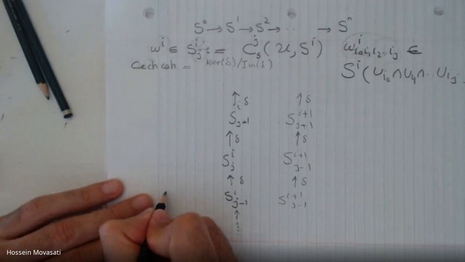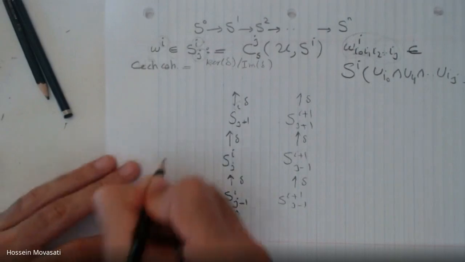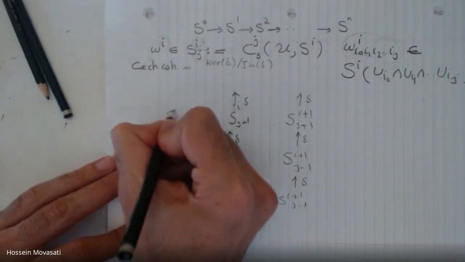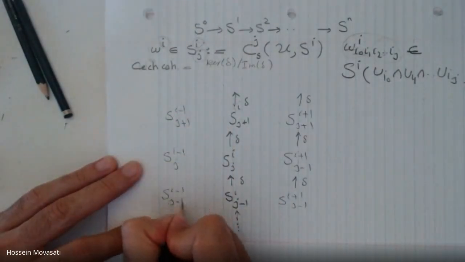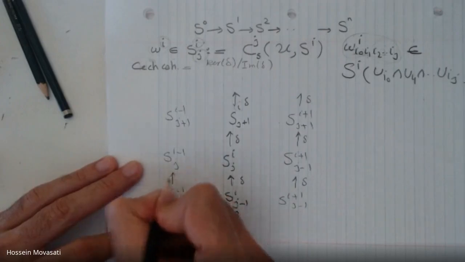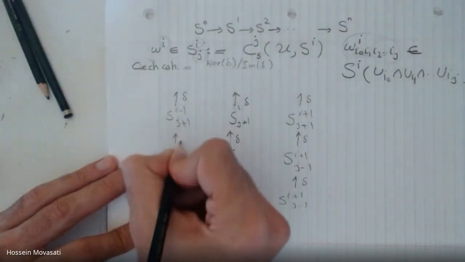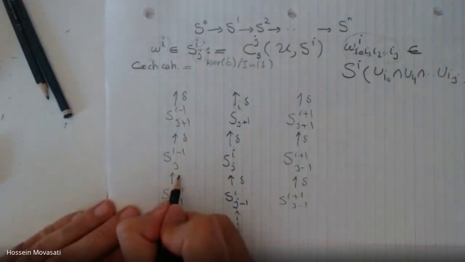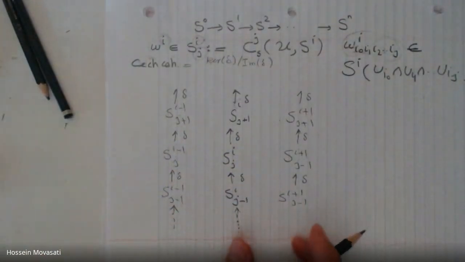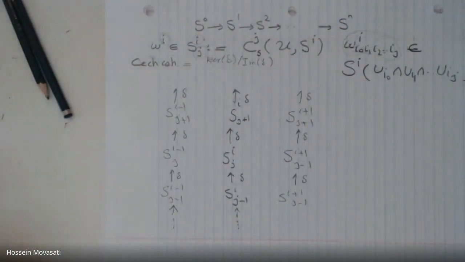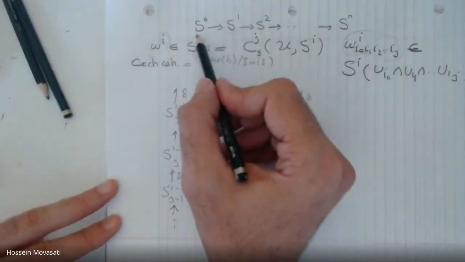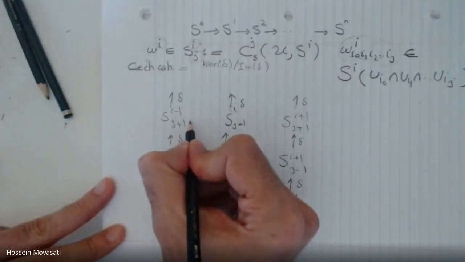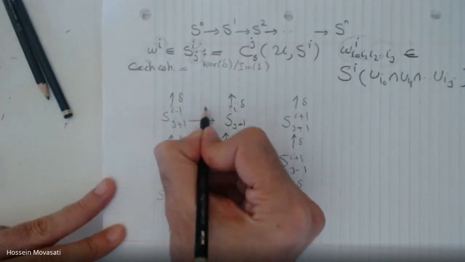And also I have S^(i-1), with delta, delta, delta. In each column, taking kernel delta divided by image delta, I get Čech cohomology. But from another side, our S^i comes from a complex, so this means that we also have these d maps.